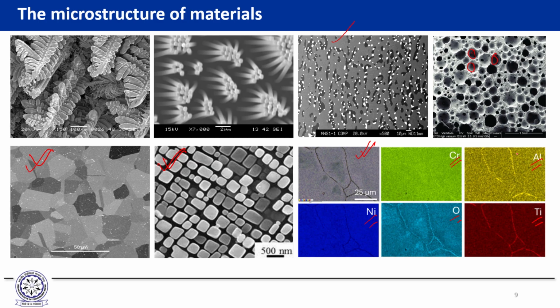You can see that the aluminum is higher at the grain boundaries, the titanium is higher at the grain boundaries, and so on. Nickel is more or less uniformly distributed, but slightly less at the grain boundaries. So this type of EDS mapping associated with a microstructure also has the potential of encoding the chemical information of the material, the distribution of the elemental chemistry, along with the microstructure.